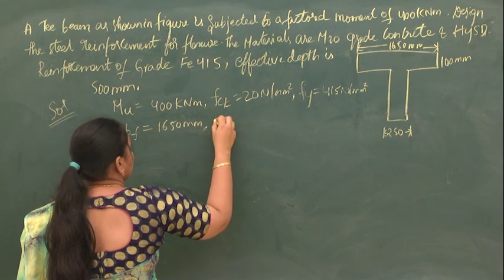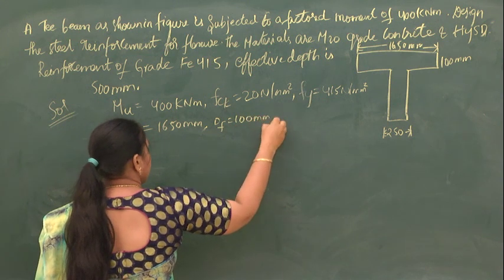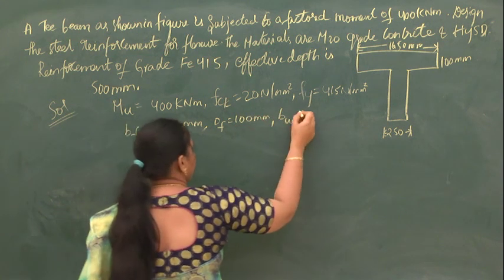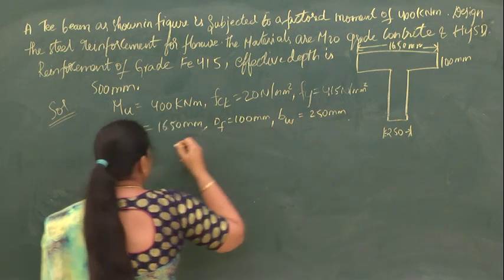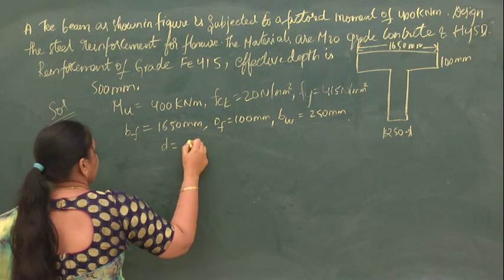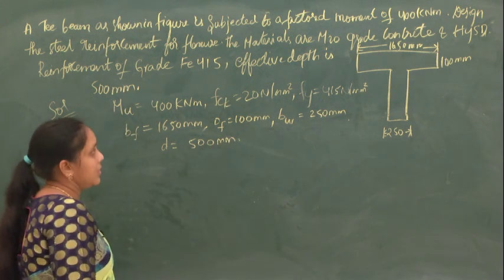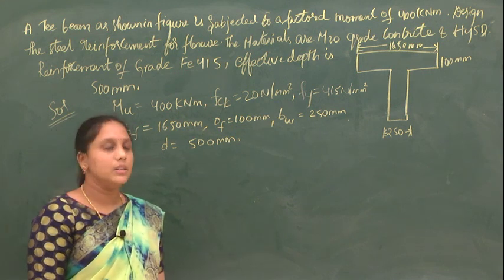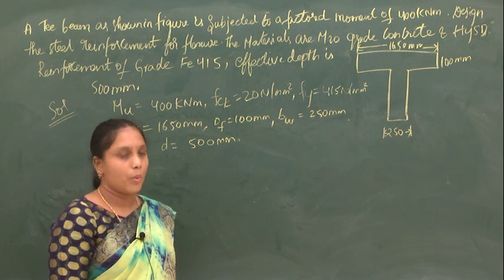The depth of the flange is 100 mm. The breadth of the web or the rib is 250 mm. And the effective depth is 500 mm. We are asked to calculate the area of the steel reinforcement which has to be provided.